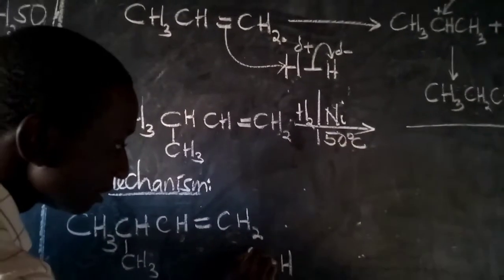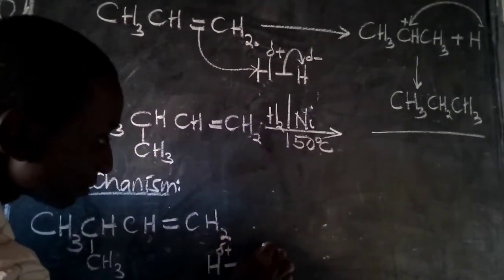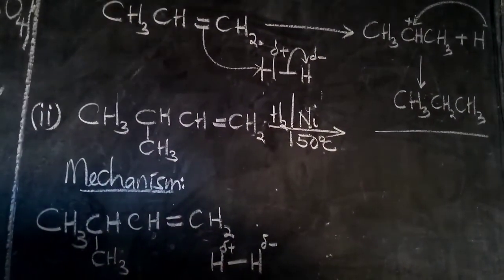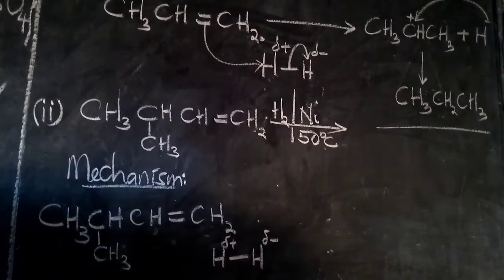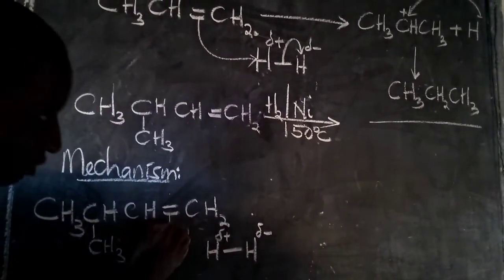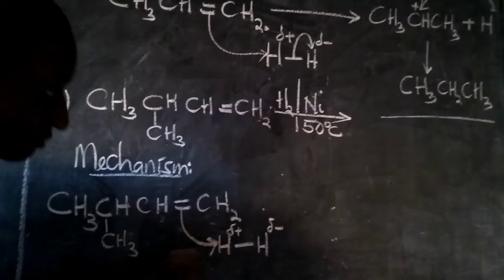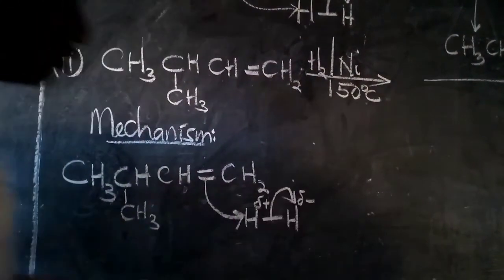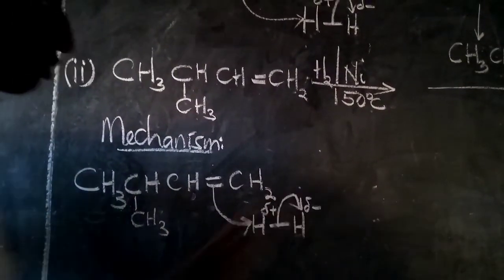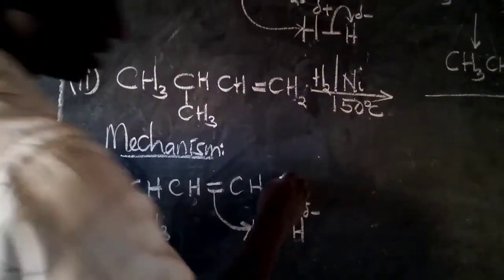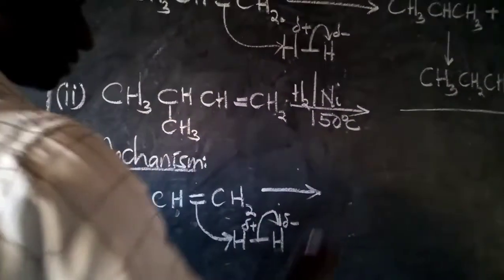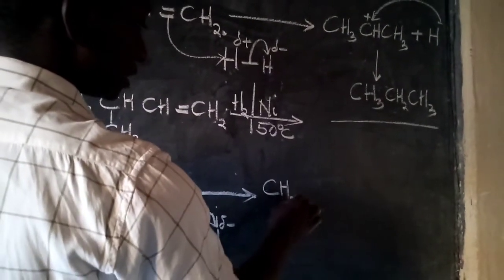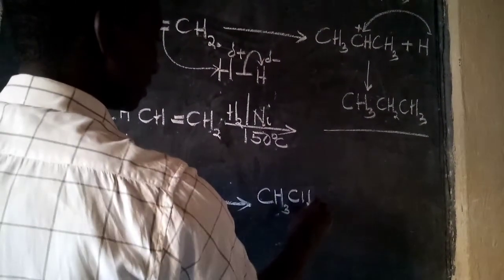But I will say this one exists with a partial positive side and a partial negative side. So what is the first step that takes place? The pi bond interacts with the partial positive side, complete cleavage takes place, and we lose these electrons, which go along with that hydrogen to form a hydride. What do we come up with? We come up with a species that is a carbonium ion, but of this type.